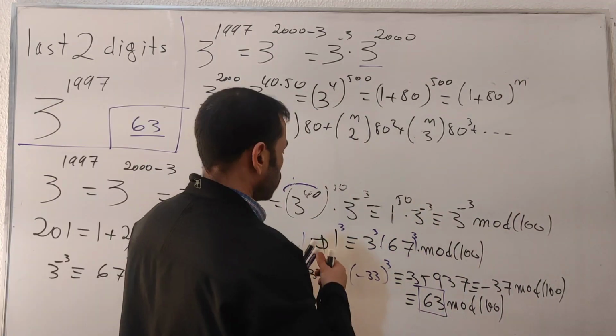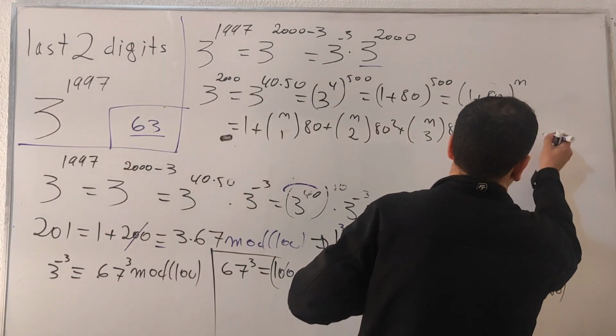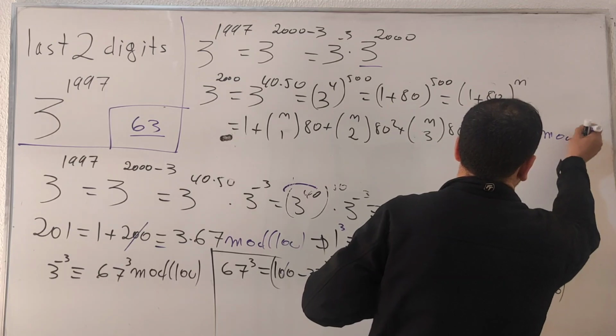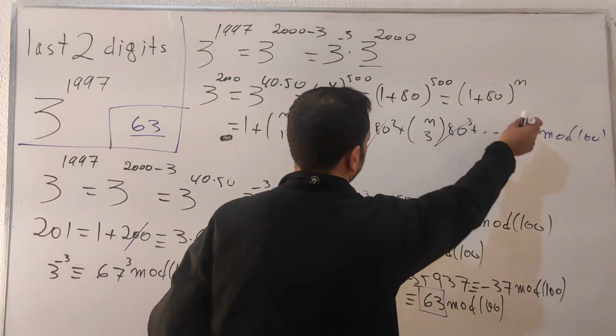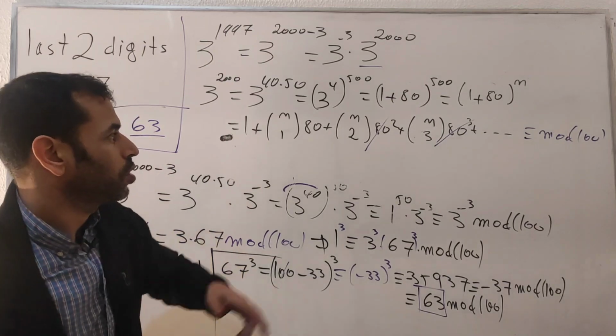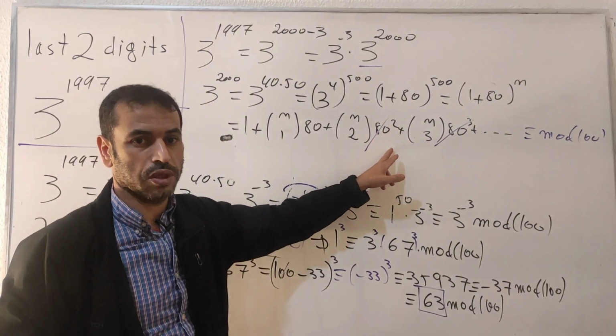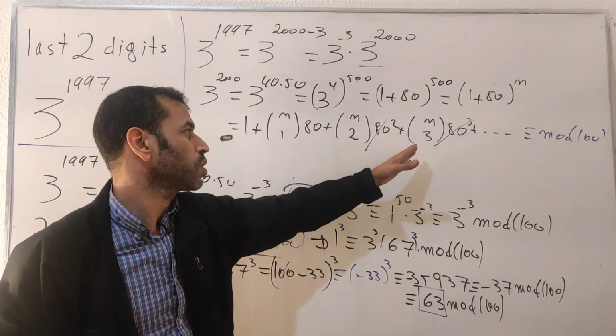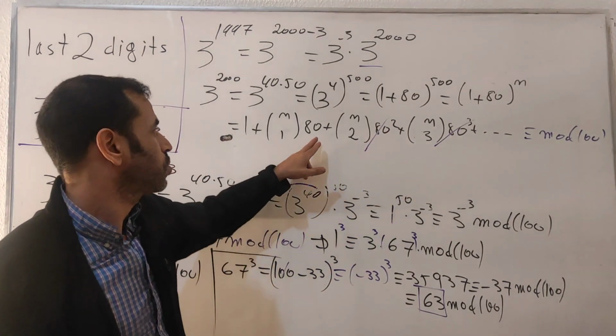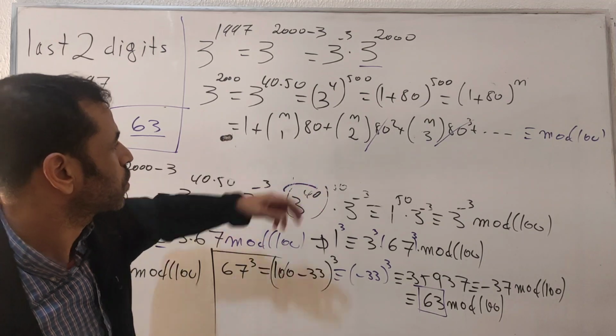By reducing this to mod 100, we get 0 all the way down, because 80 squared is 6,400, and if you reduce it to mod 100 it gives us 0. But we need only this one.